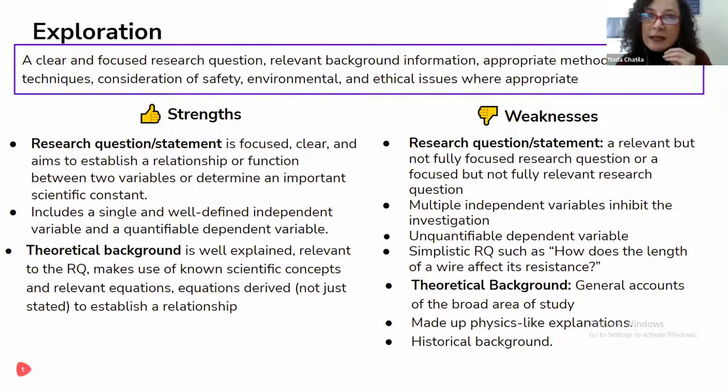It does not just say if X increases, Y increases. It does provide a clear relationship. Whereas a weak hypothesis would be a made up hypothesis, a pure guess, and a qualitative descriptive relationship, such as if X increases, Y decreases, or so on.